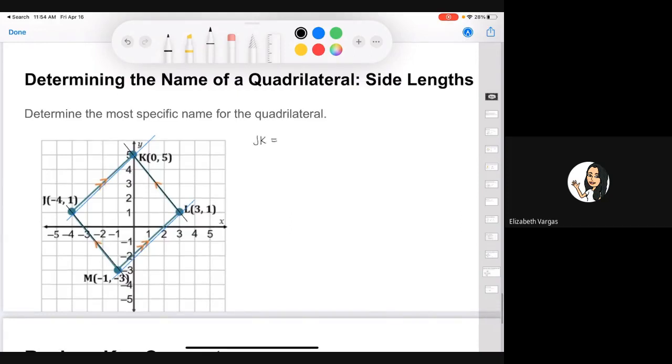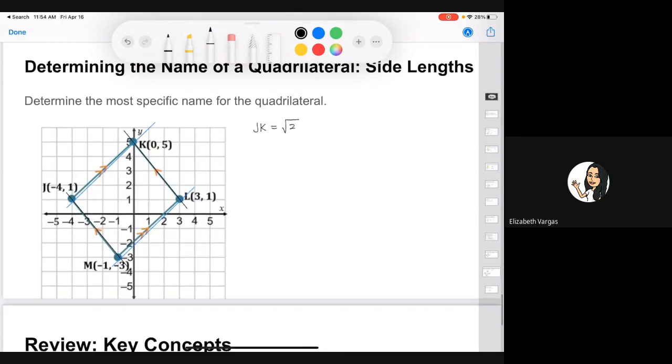And so when I plug that into my distance formula, I guess I can show you.